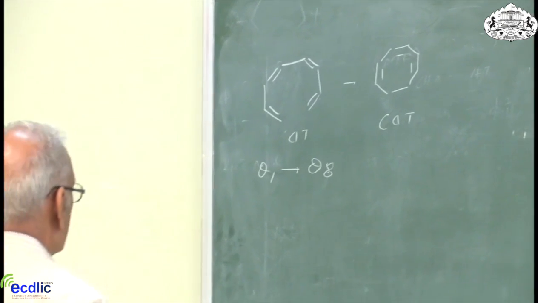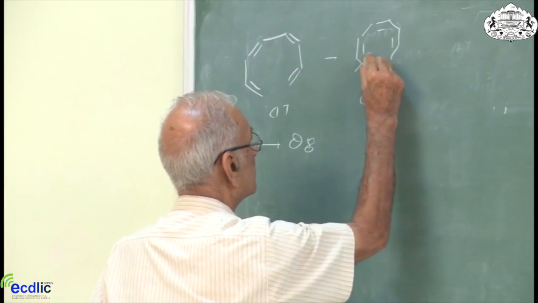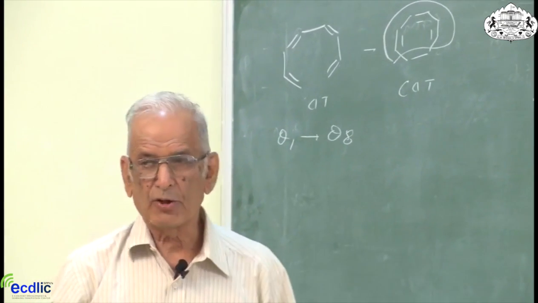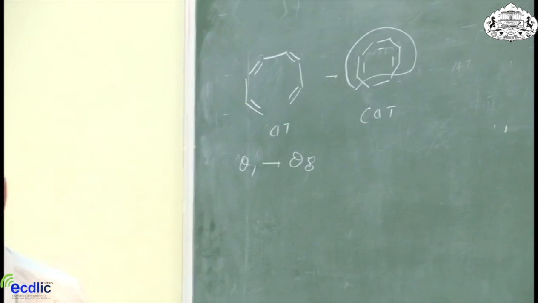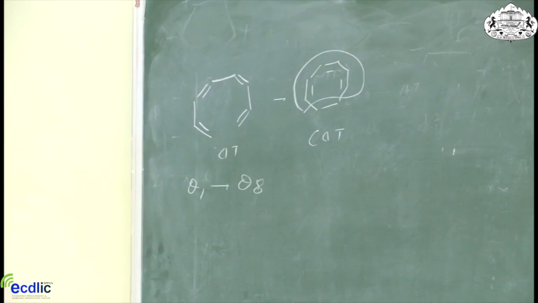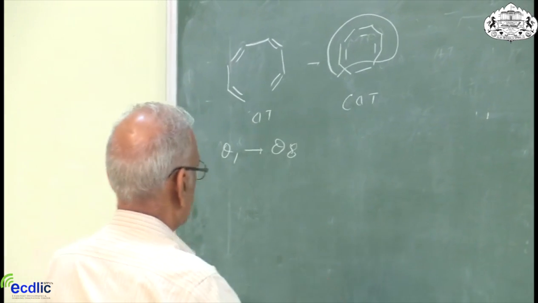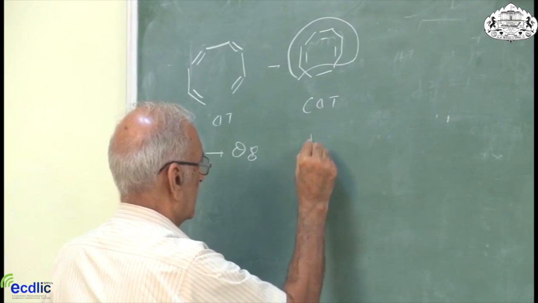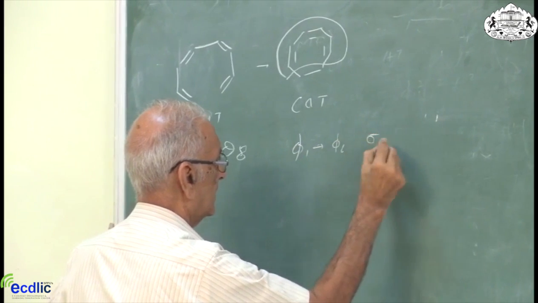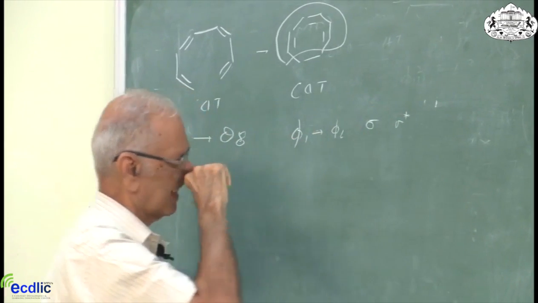And what will be the orbitals here? 6 orbitals will be hexatriene and sigma star. Phi 1 to phi 6, sigma and sigma star.